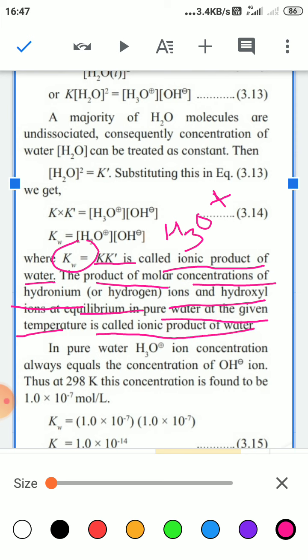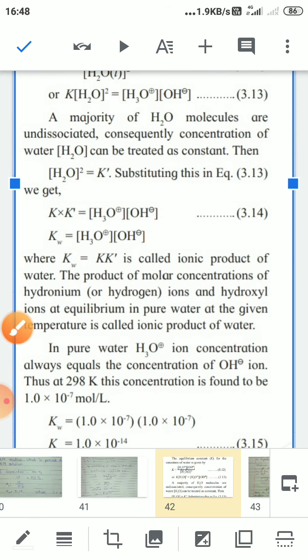ionic product of water. So the definition of ionic product of water is that the product of molar concentrations of hydronium ions and hydroxyl ions at equilibrium in pure water at a given temperature is called as ionic product of water.